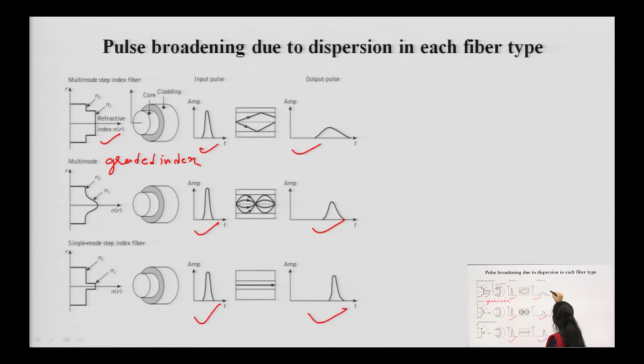We can see that the dispersion is most in the multimode step index fiber, and it is least in the single mode step index fiber. How this happens, we will discuss in the coming lectures.